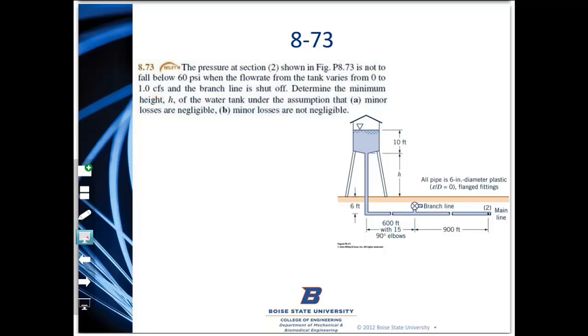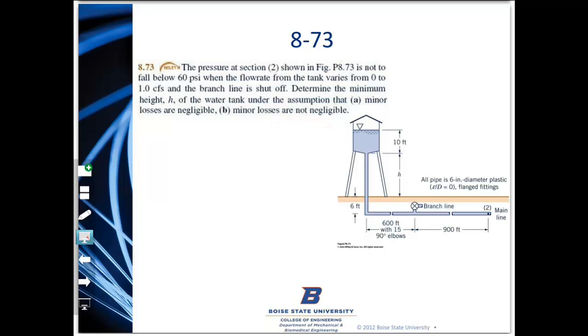So you're given the volumetric flow rate, and the branch line is shut off. Determine the minimum height h, which is this height, of the water tank under the assumption. The first assumption you're asked to make is that minor losses are negligible. And the second part of the question says minor losses are not negligible.